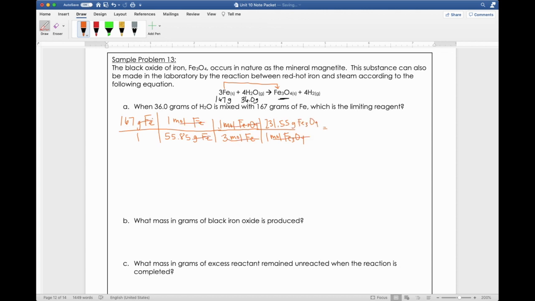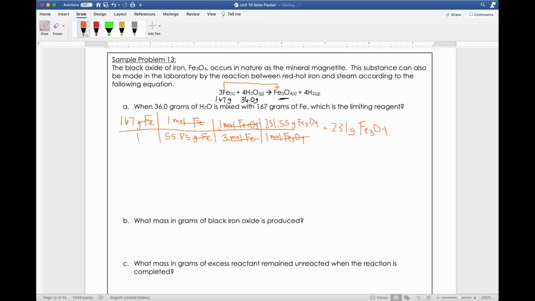And when you solve for this, you should get an answer of 231. So I could produce 231 grams of iron oxide from 167 grams of iron.